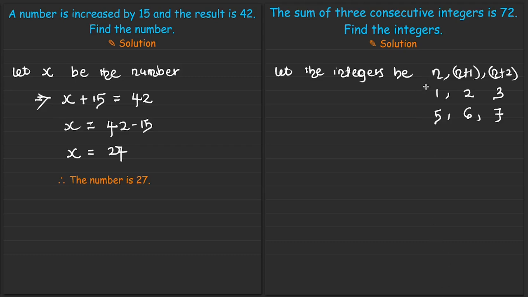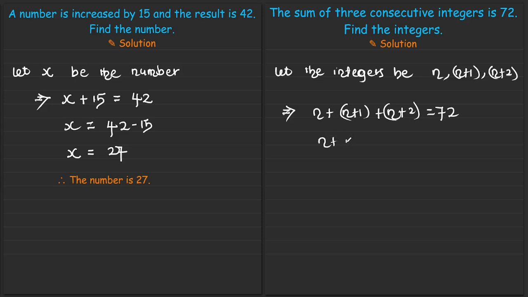So with that said, we are saying their sum is what? 72. So if their sum is 72, it simply means if we add n to n plus 1, and then also to n plus 2, we are going to get 72. So simplifying, we have n plus n plus 1.